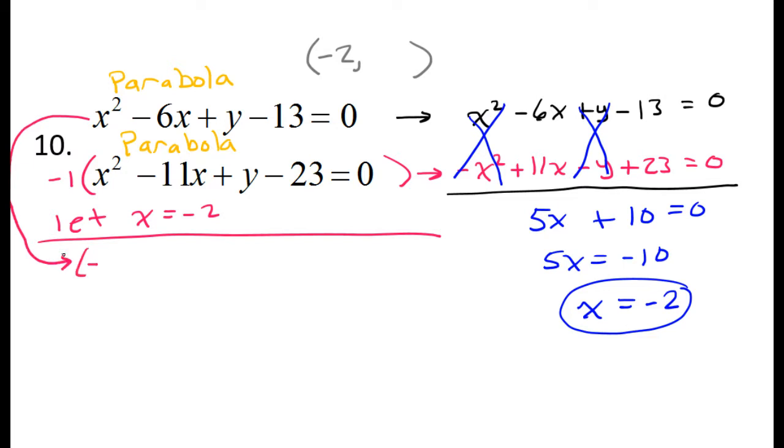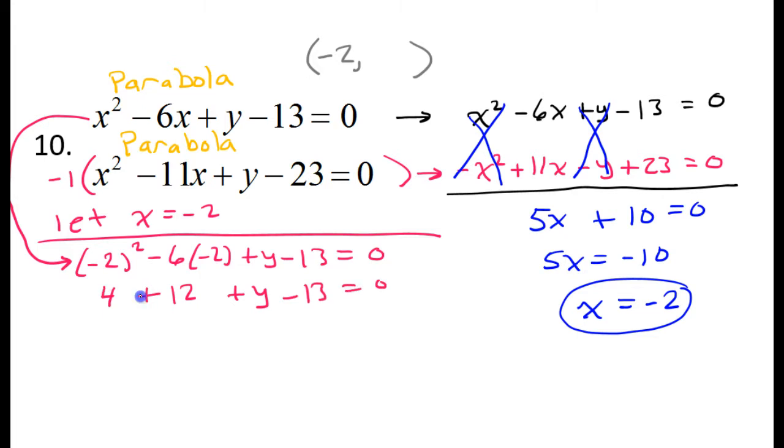So if x is -2, then I have -2 squared minus 6 times -2 plus y minus 13 is equal to 0. So this is 4 plus 12 plus y minus 13 is equal to 0. 4 plus 12 is 16. Minus 13 is 3.